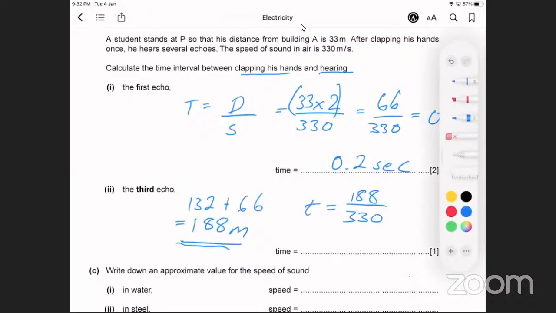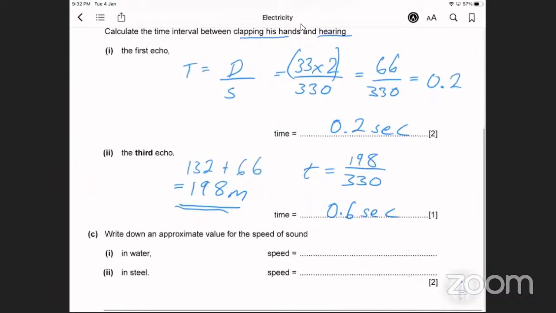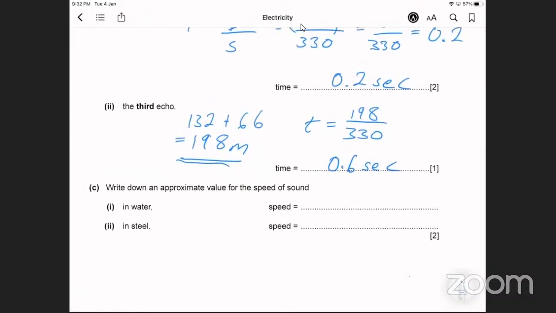Okay, thank you. I was a bit lost there. So it's 198 divided by 330, and what is my answer? The time taken? 0.6. 0.6 seconds. Does that make sense? Yes, sir. So that's how you're supposed to calculate that.